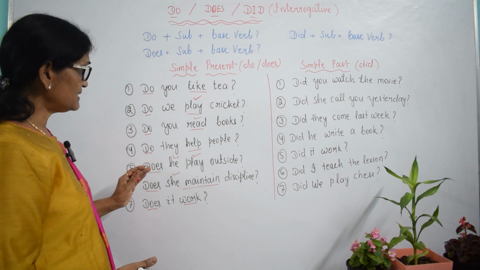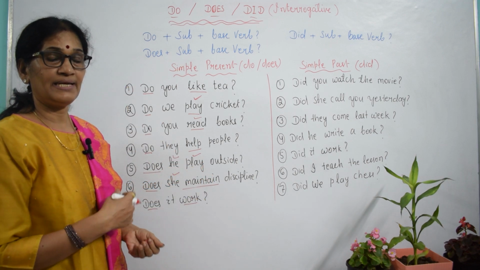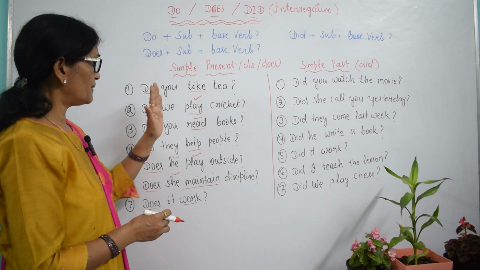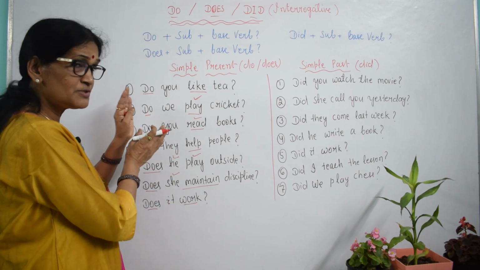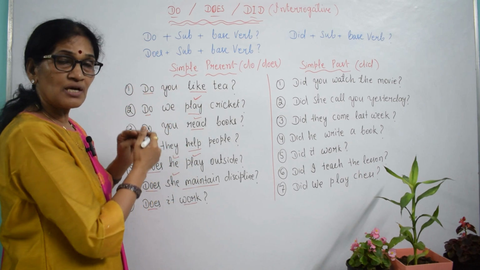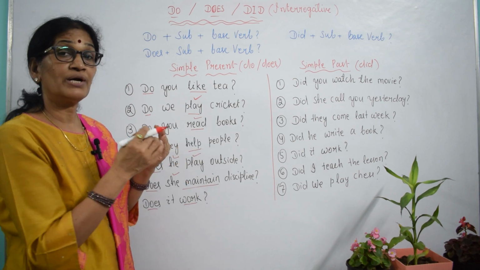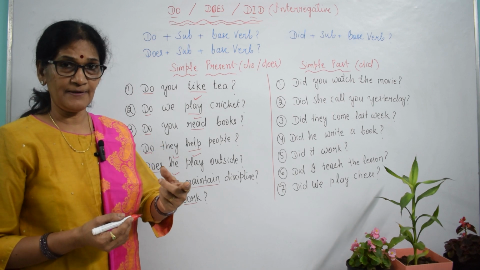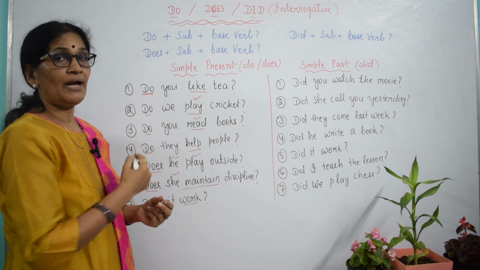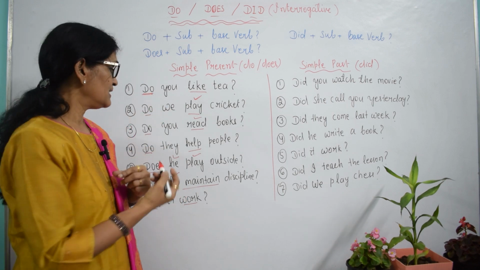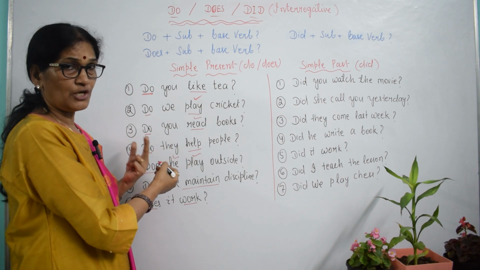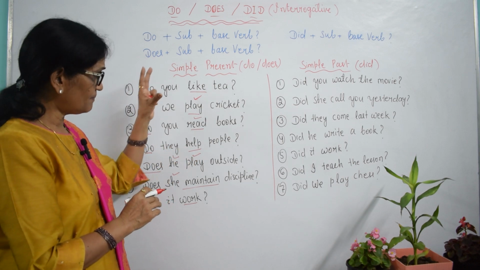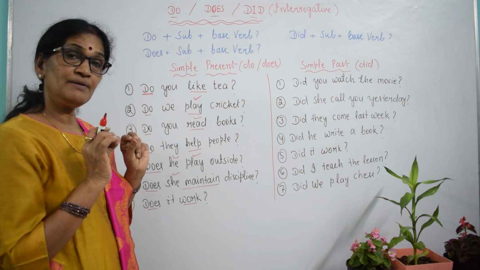In simple present, interrogative sentences, in negative sentences, we use base form of a verb and some subjects agree with do, some subjects agree with does. What are the subjects? Subjects I, we, you and they agree with do and he, she and it agree with does. This is the difference and main verb is in base form.